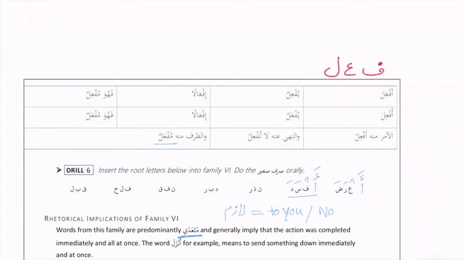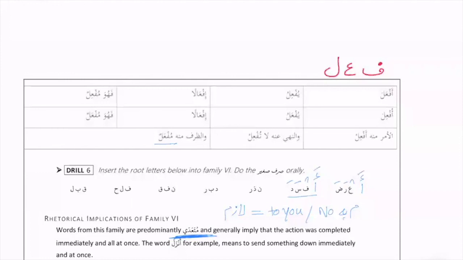No maf'ul bihi is required. And mutaddi, when we can have maf'ul and the action is happening outside to someone. Okay, always remember that. So now you are going to find most of the words in this family, they are mutaddi.